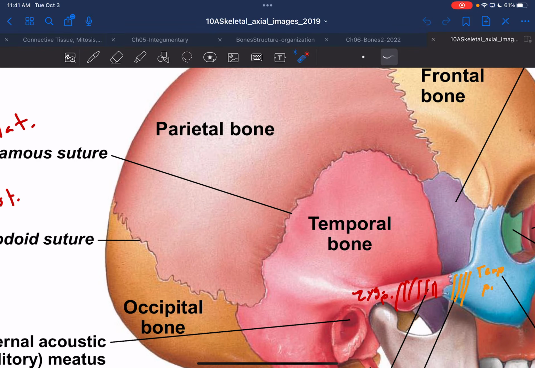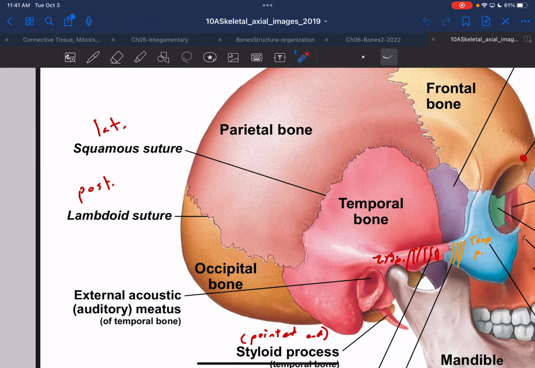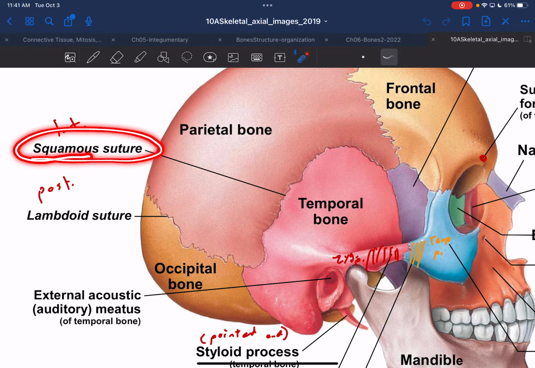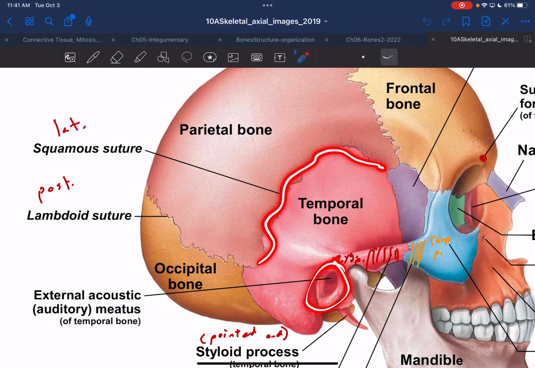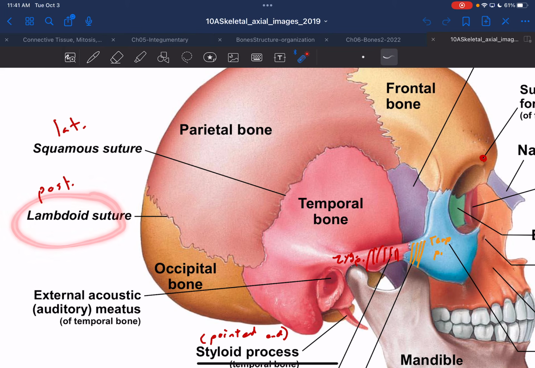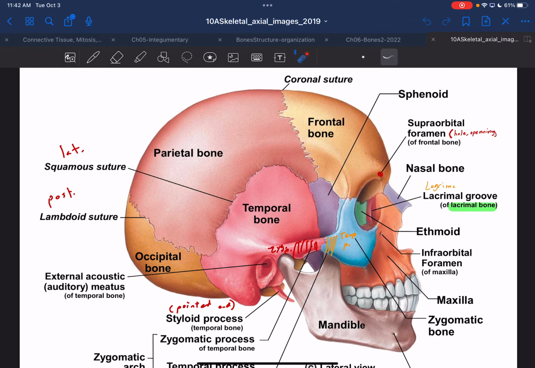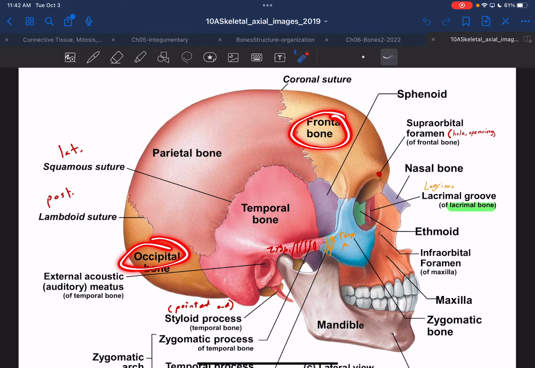And so this suture that separates the temporal bone from the parietal bone is going to be called the squamous suture. This squamous suture is going to be lateral, or on the side of the head, by the ear hole, and then lambdoid is going to be much more posterior, separating the occipital bone. And this should be second nature, like the words occipital and frontal by now.